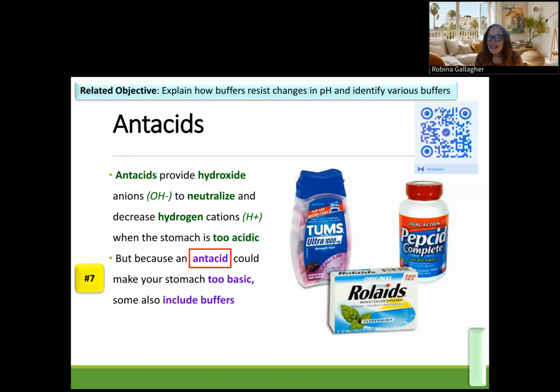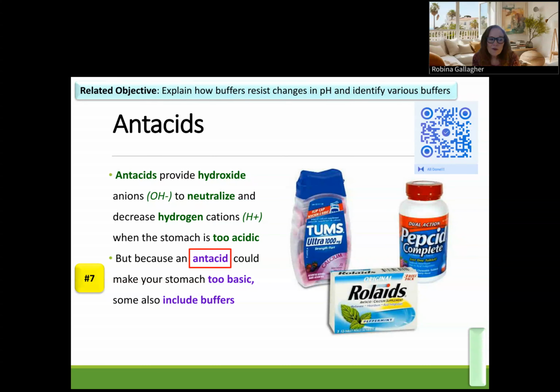Have you ever taken an antacid? Have you ever had heartburn, right? Antacids neutralize the excess stomach acid. But remember, your stomach's supposed to be acidic, right?